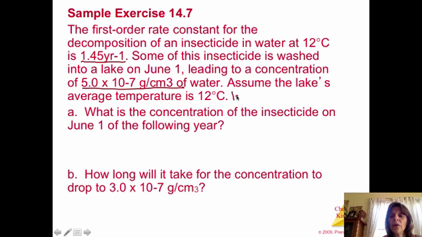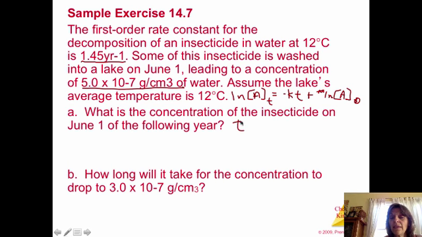So using this equation, the natural log of the concentration at time t equals negative kt plus the natural log of the concentration at time 0. I'd like you to solve for the concentration on June 1st of the following year.